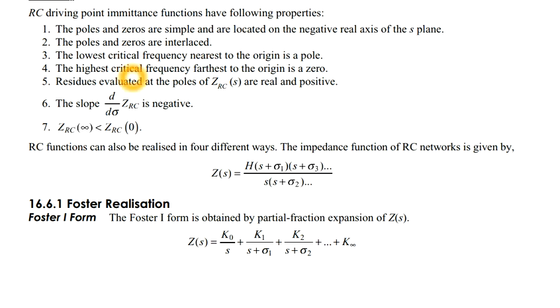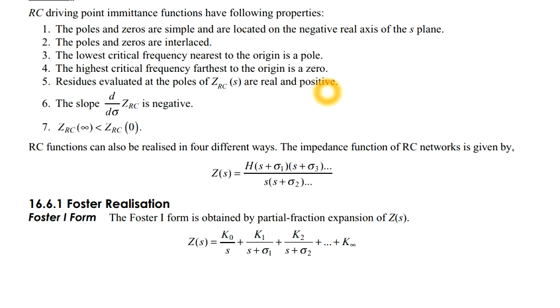Similarly, the highest critical frequency farthest from the origin must be a zero. That means what is far from the origin must be a zero, and what is close to the origin must be a pole. With the example you will get a very clear idea.